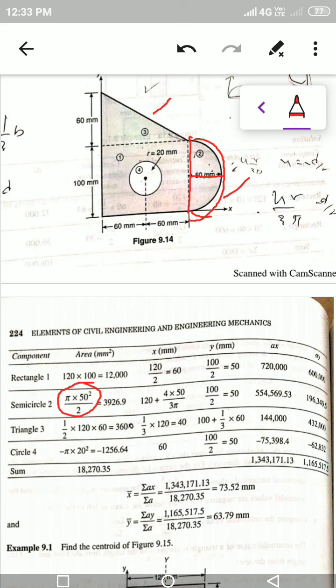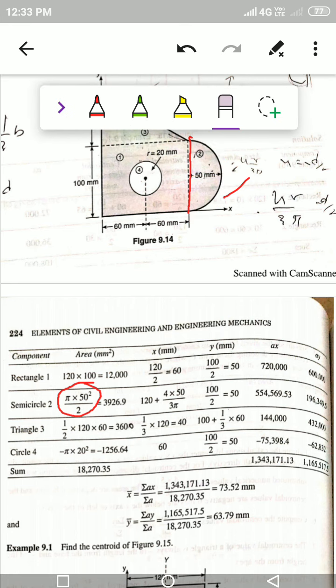Next, the x bar distance. You just observe it clearly. X bar distance with respect to which axis? With respect to the y axis. We want the distance from here to here, that is the x bar distance, from the y axis. And y bar is from here to here. This is the x bar and y bar of a semicircle.